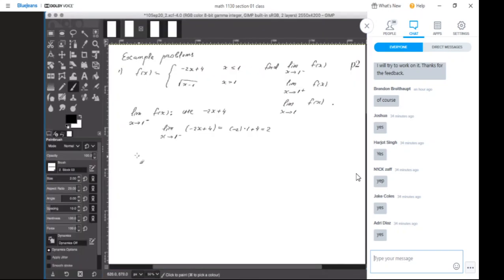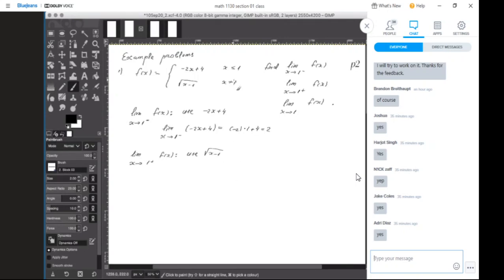Now for the other one, the limit as x goes to 1 plus. This time we will use the definition for the second part of the function.